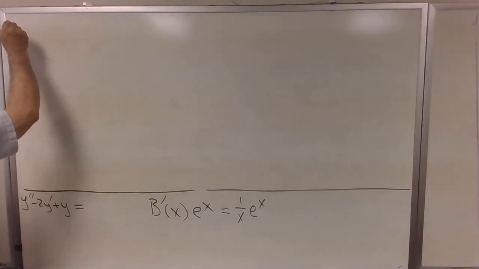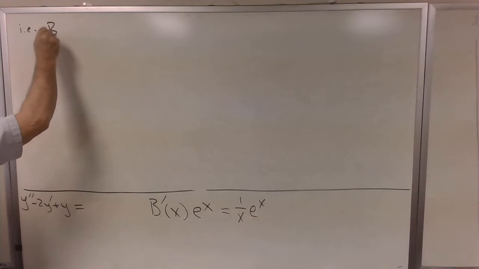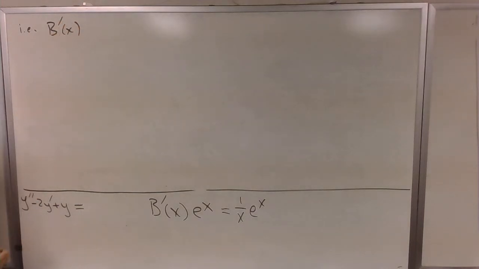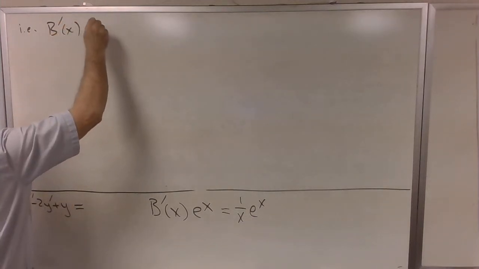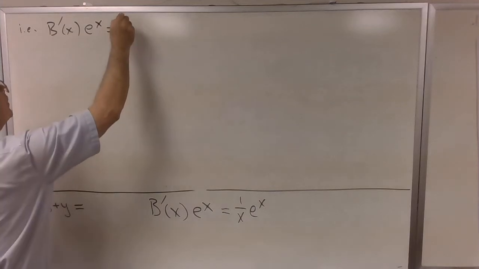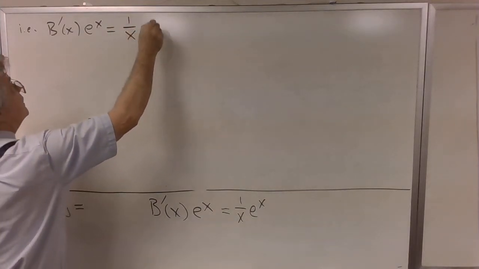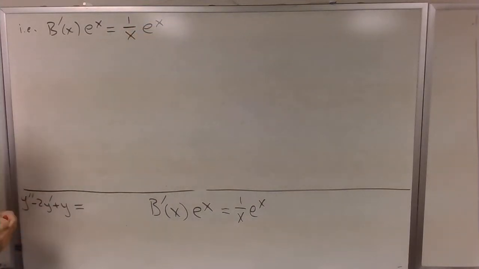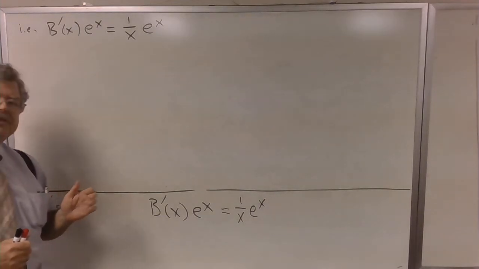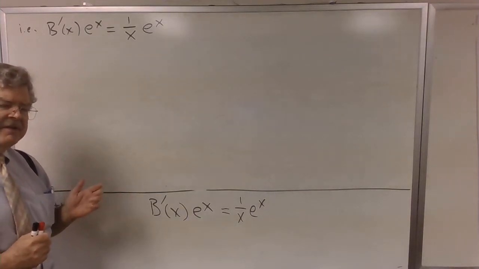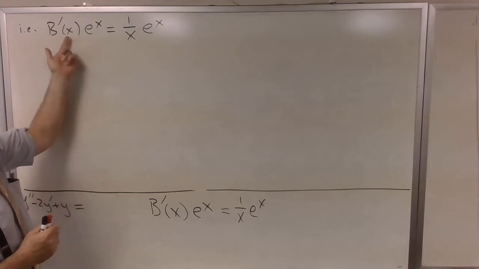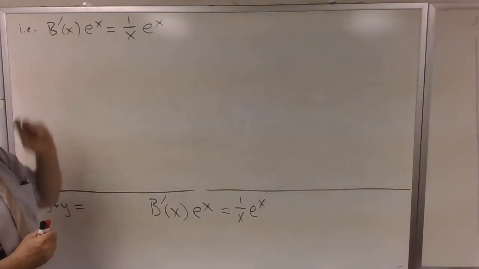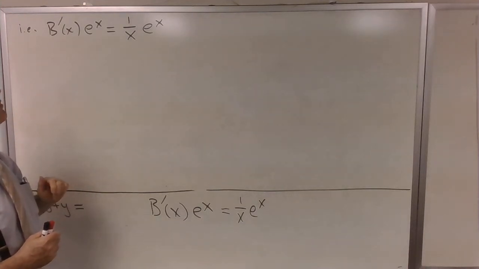So we have b prime of x e to the x equals 1 over x e to the x. And I'm looking for the identity of b of x. I have b prime of x here. I want b of x.